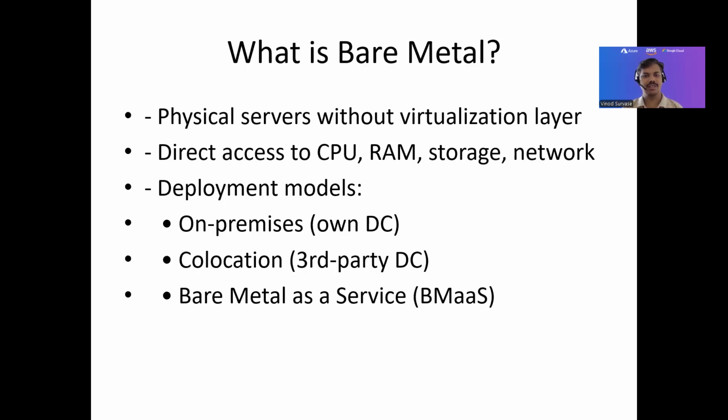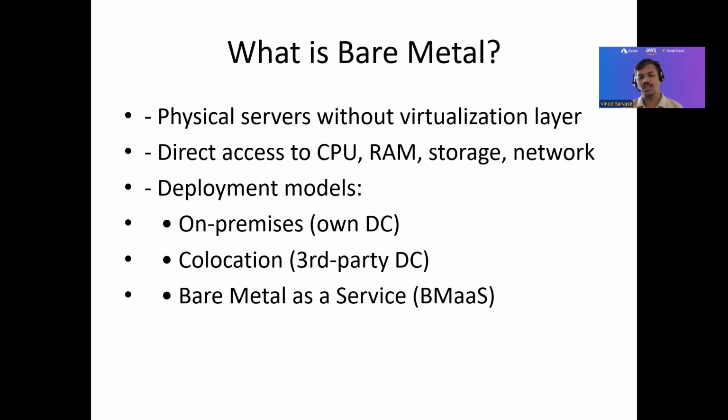So first, let's understand what is bare metal. So what is bare metal? It's going to be a physical server without a virtualization layer, right? So this is going to be in-house or our own data center. You can see there are different deployment methods or models, we can say.